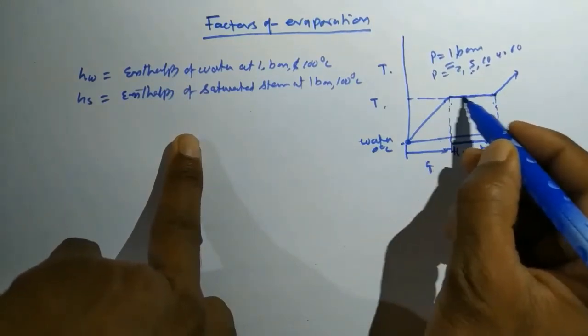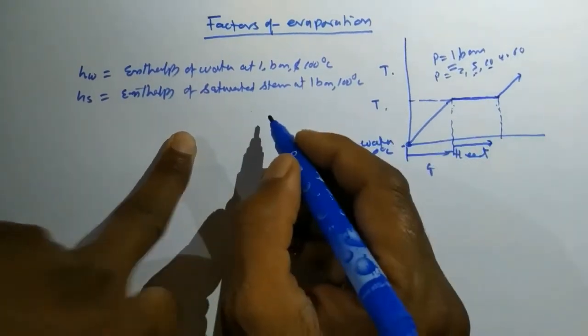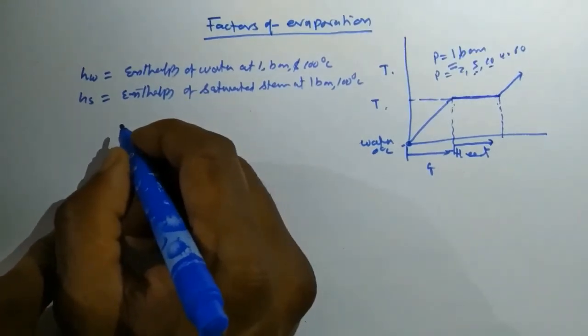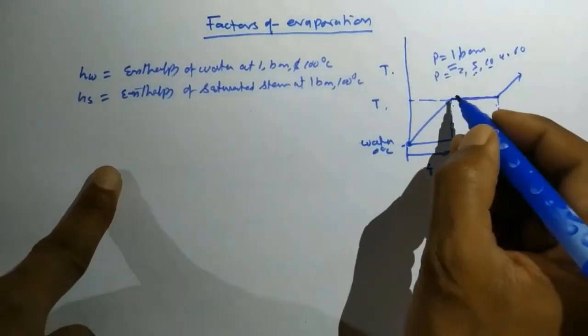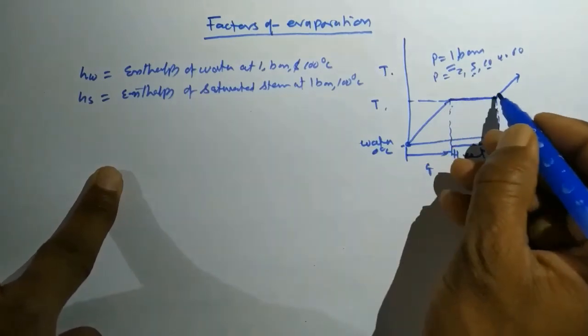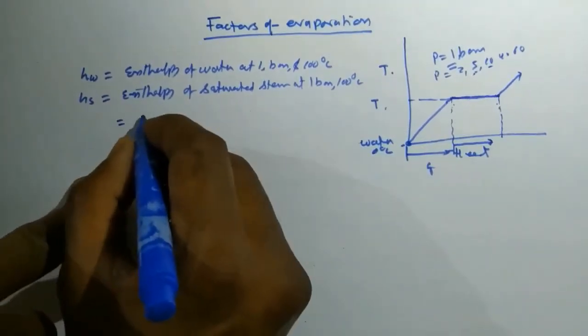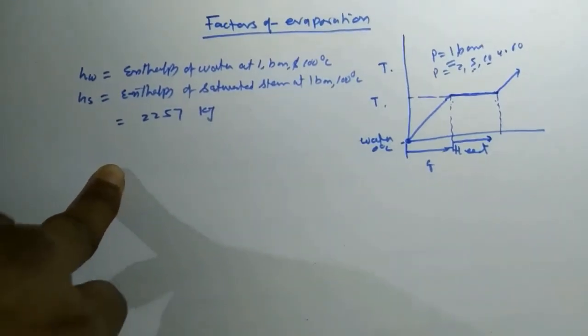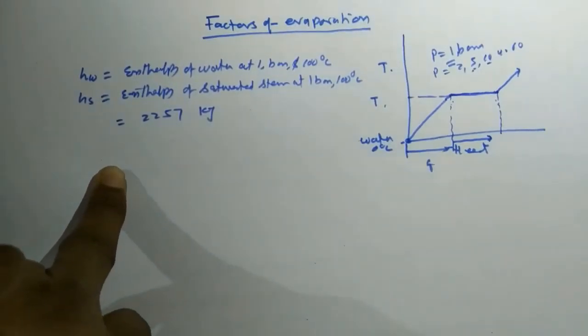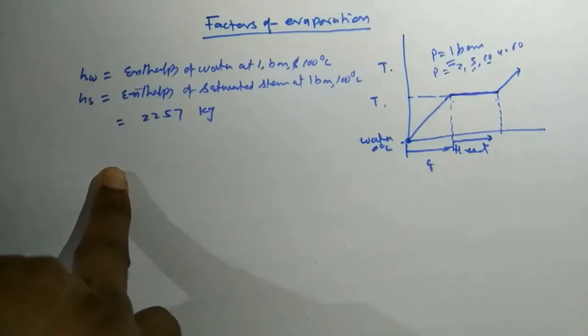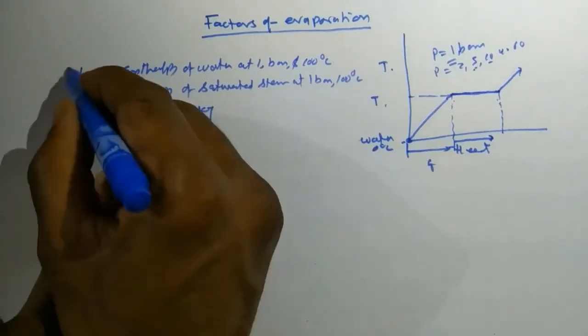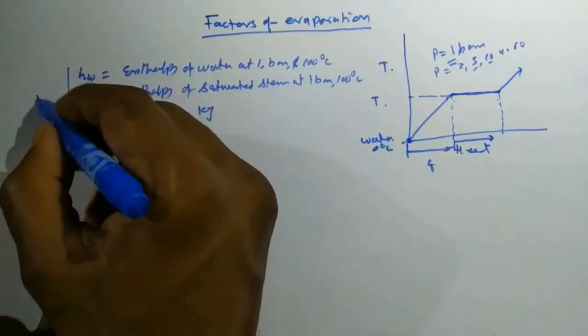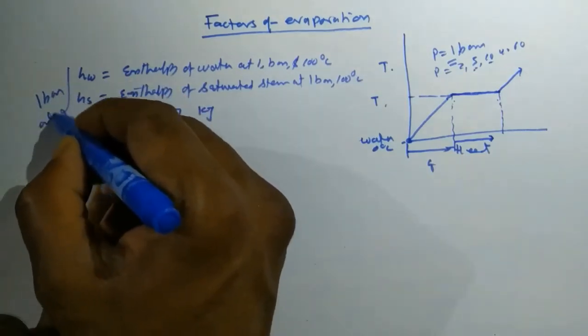Now, at this condition, the total heat required to evaporate 1 kg of water into steam equals 2257 kilojoule. But these are conditions for 1 bar only.